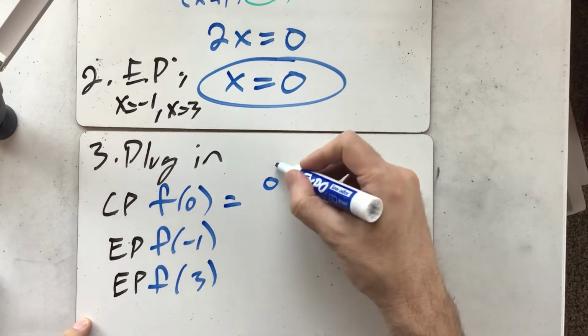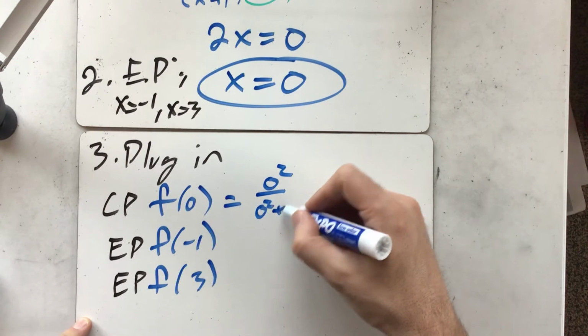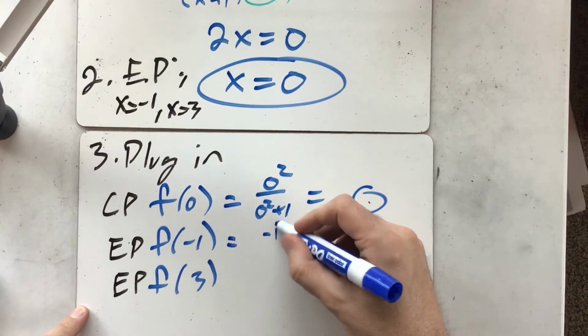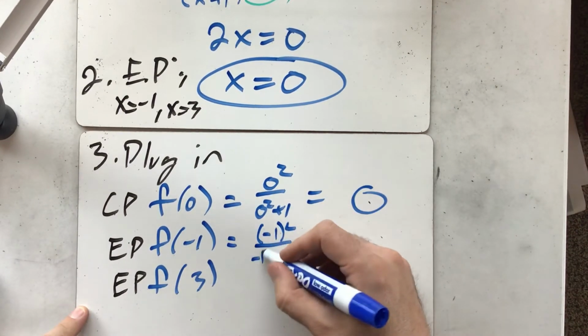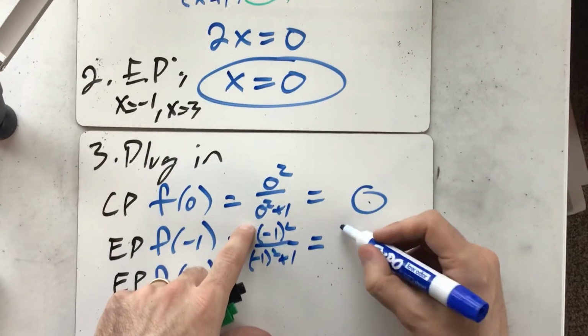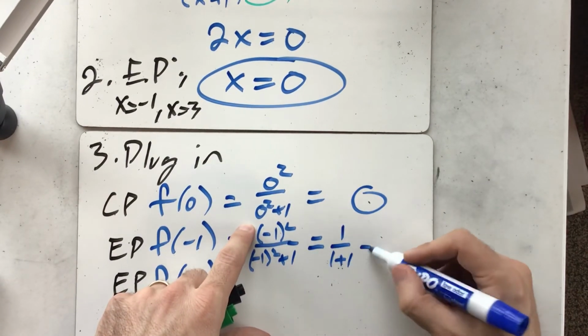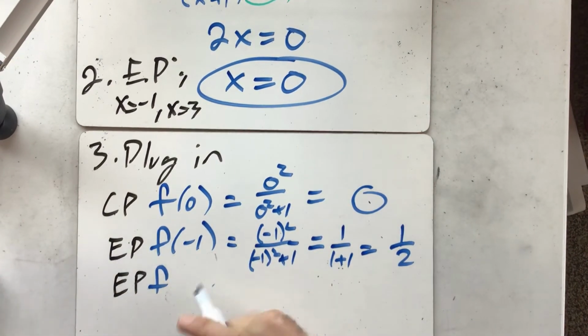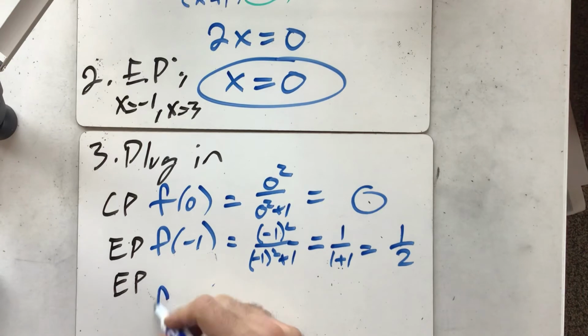So this goes to 0 squared over 0 squared plus 1, and so 0 is what that critical point gives us. -1 would give us -1 squared over -1 squared plus 1. So this is 1 over 1 plus 1, which is 1/2. Finally, this last one, I'm going to need a little bit of extra space.